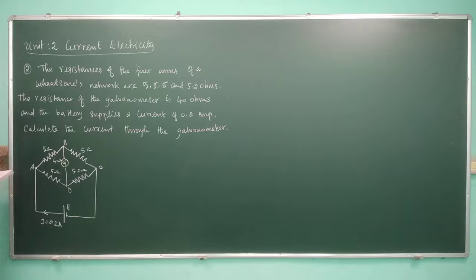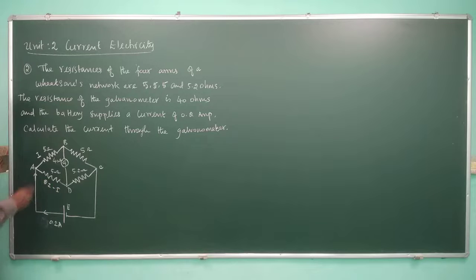Now, the current flowing in this direction: here 0.2 ampere current is coming inwards, and it is dividing into two lines. Current I is flowing through this resistor, while 0.2 minus I flows through the other.